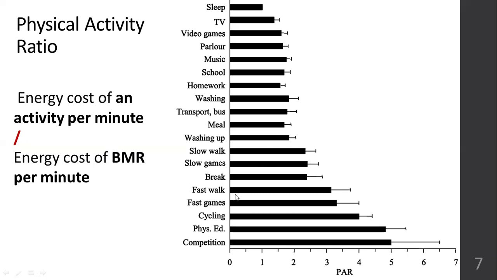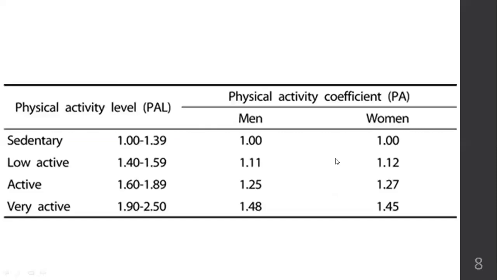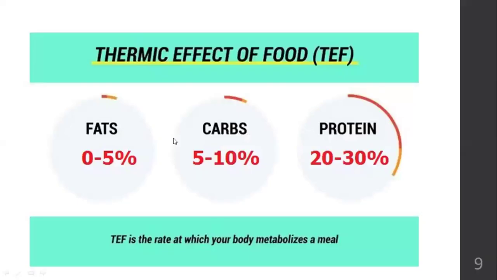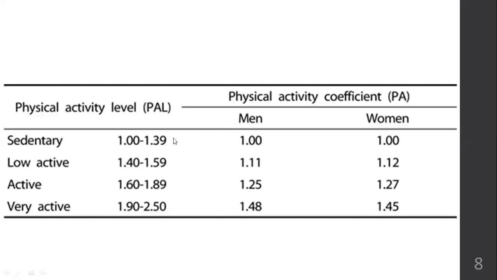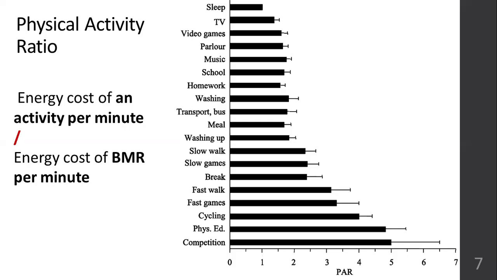Why is physical activity ratio used? That we will see in the next calculation, that is physical activity level. So let's say I give you a combination of a person who is doing homework. I will give you 5 activities.